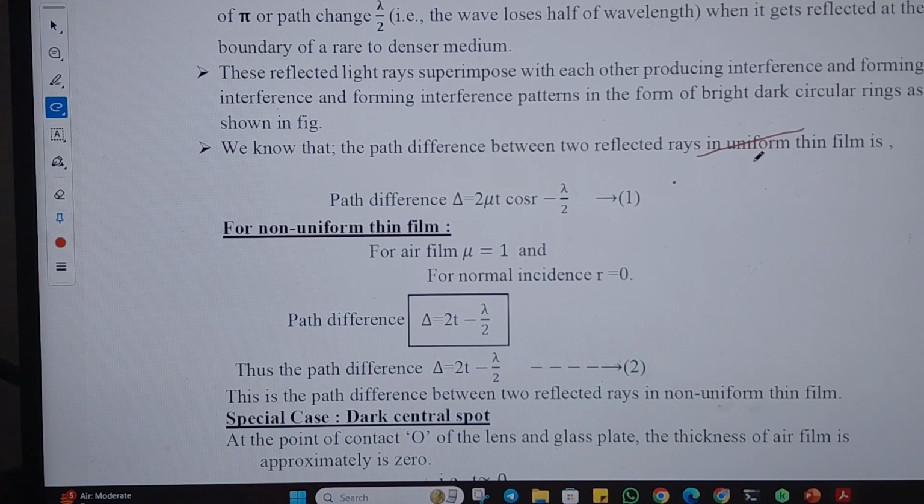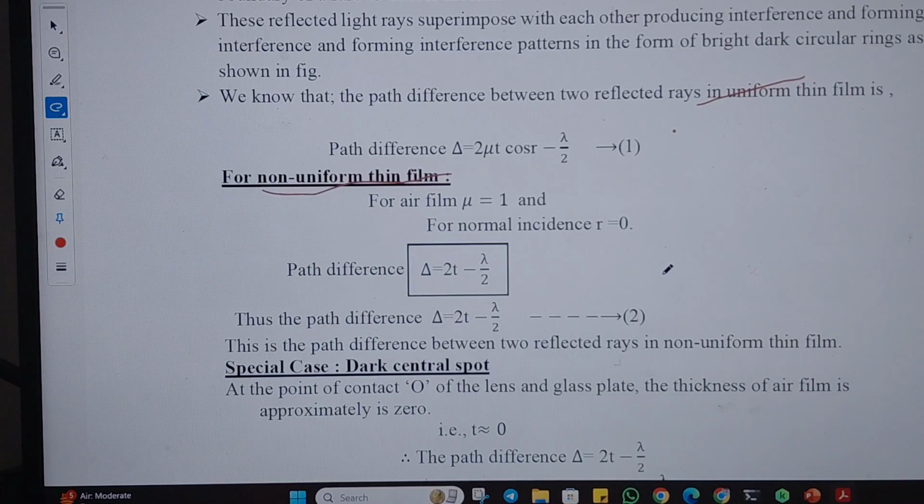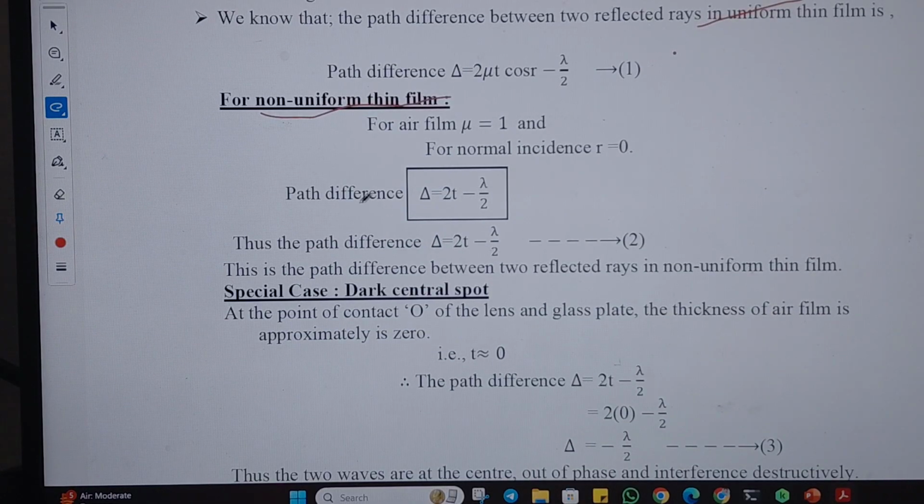Here it is uniform thin films, and here non-uniform thin films. For the air film the refractive index is 1, and for normal incidence r is 0. So the path difference is delta equals 2t minus lambda by 2.